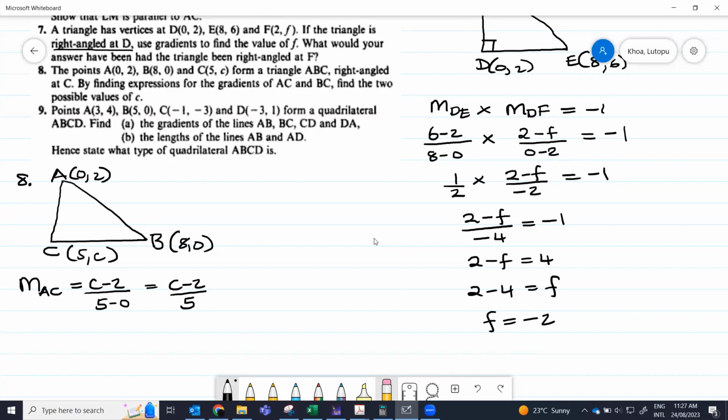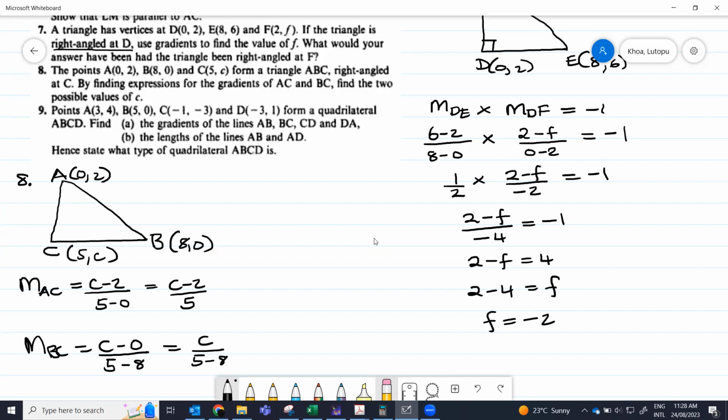And then the gradient of BC, this is (0 minus c), we'll make it minus 0, over (5 minus 8). This is just c over (5 minus 8).